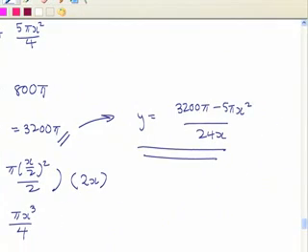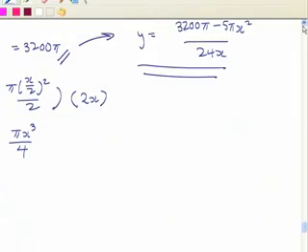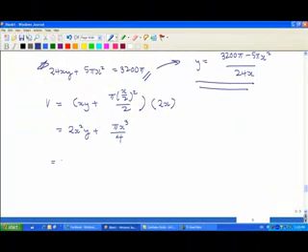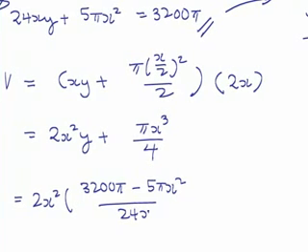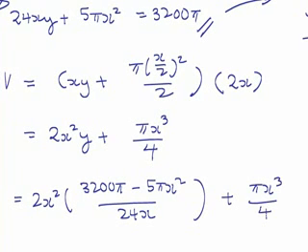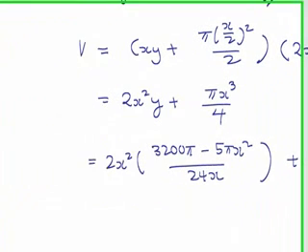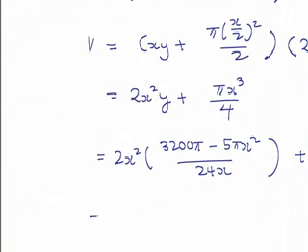Then from here we can do the substitution, and we will be able to make the equation in terms of only one variable. Once I reach this step, the next thing I can do is a bit of simplification.